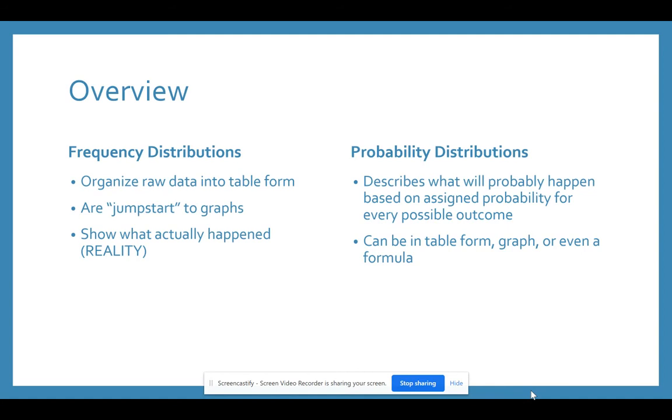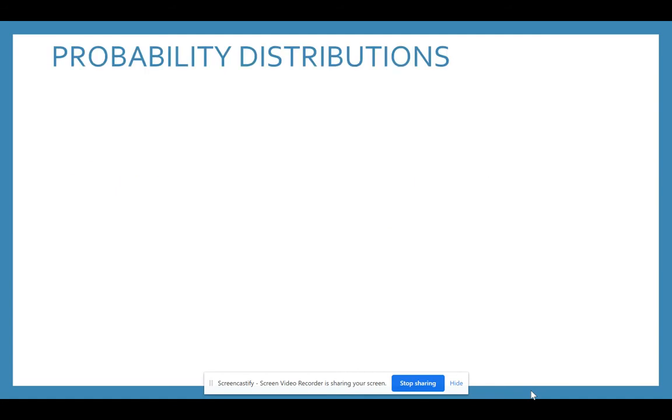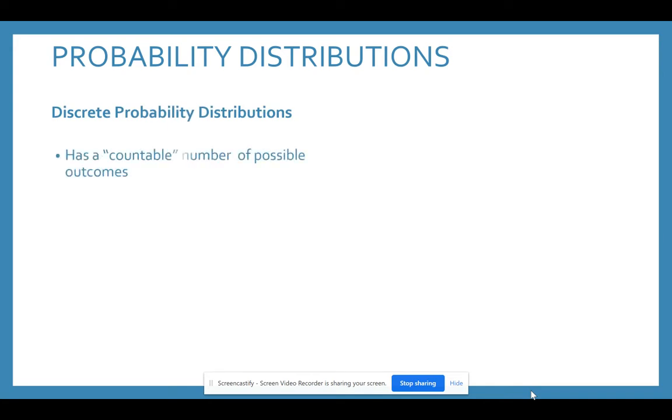There are actually two different categories of probability distributions. And it's a similar breakdown to that of our variables that we talked about earlier in the semester. You have discrete probability distributions, and with discrete probability distributions, just like with discrete data, you have a countable number of possible outcomes.